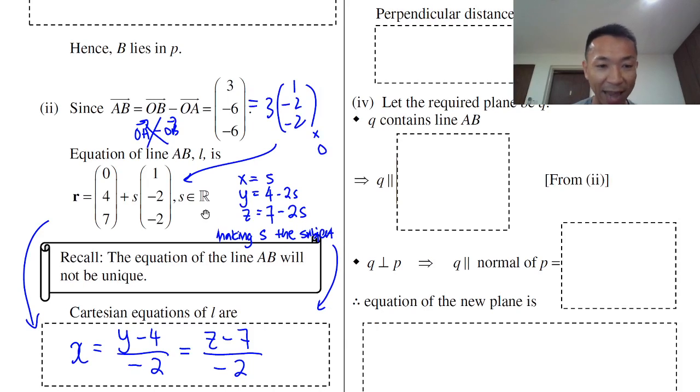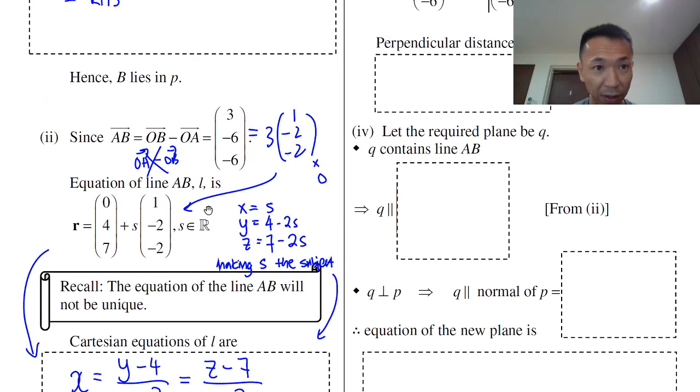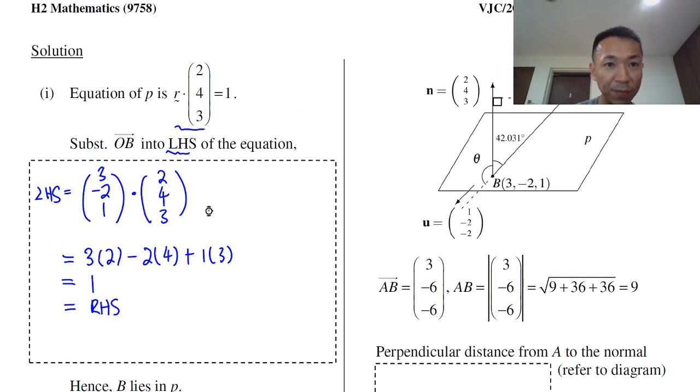You are trying to find the angle between this AB line, 1 minus 2 minus 2, and the normal of P. Normal of P is this one.